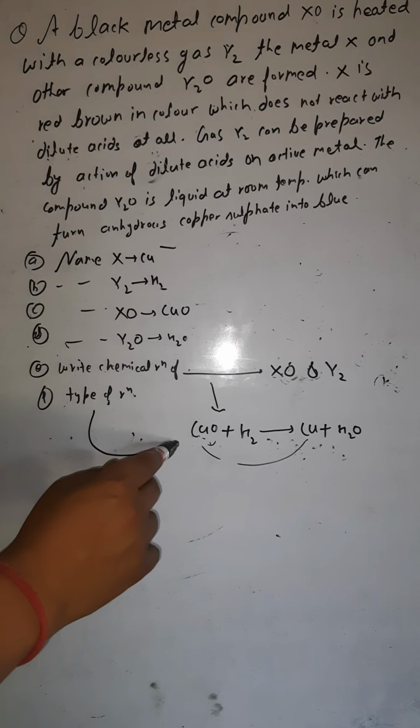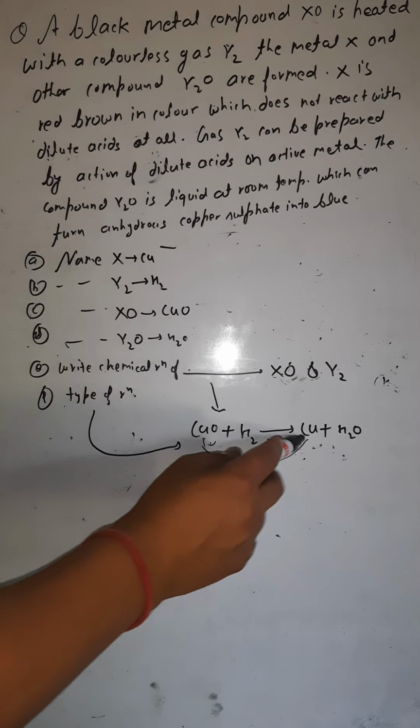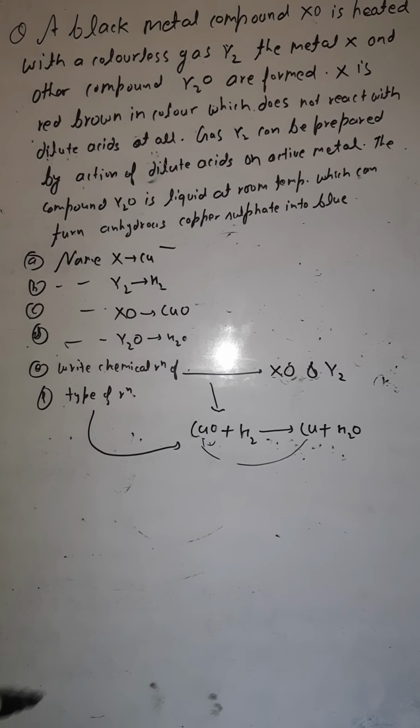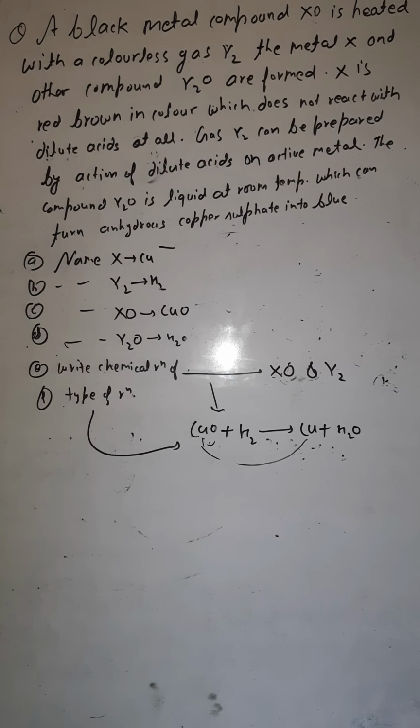Now which type of reaction is this? Can you tell me the type of reaction? Yes, Cu has been displaced from here, so it is a displacement reaction. At the same time, it is a redox reaction also.